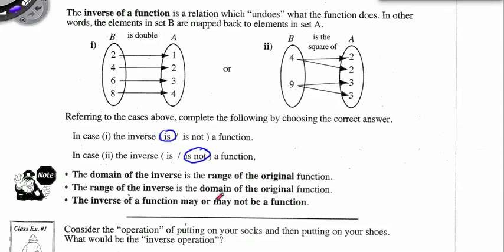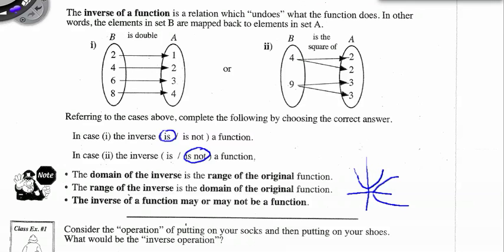The inverse of a function may or may not be a function. In other words, as I mentioned in class, here's your function, and if you have the inverse, it will look something like this. Now, the vertical line test tells you that this is not a function, so sometimes inverses are not functions.